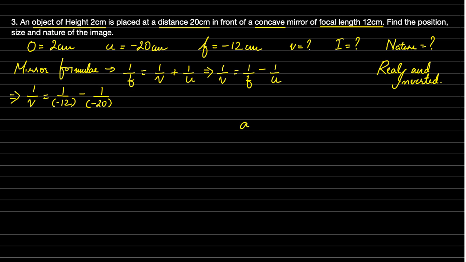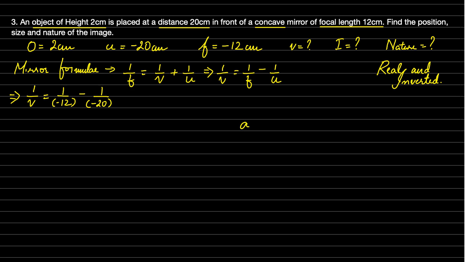So we would solve only this much of the equation. I'll be erasing this and I'll write I by O on the other side. So here I write it as I divided by O is equal to minus V by U. Now since we need I, we can take O to the other side and we get minus V divided by U into O.